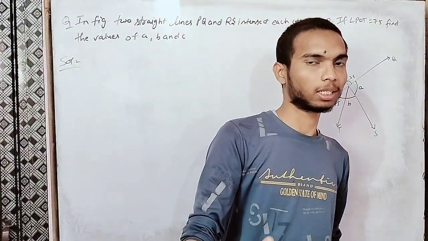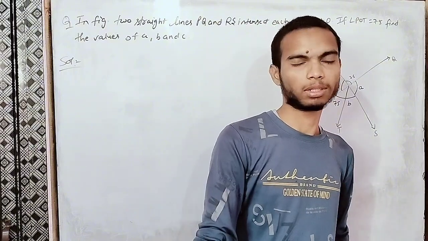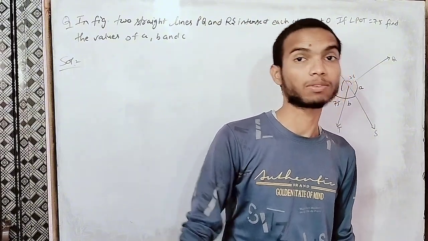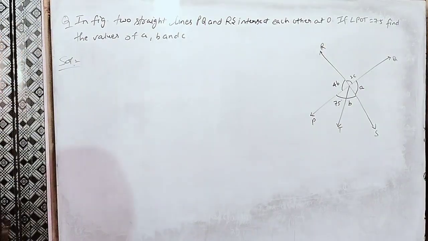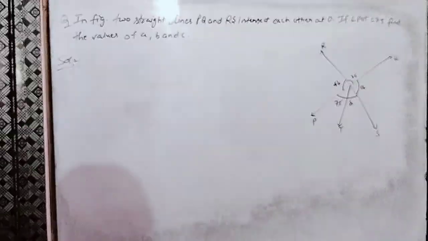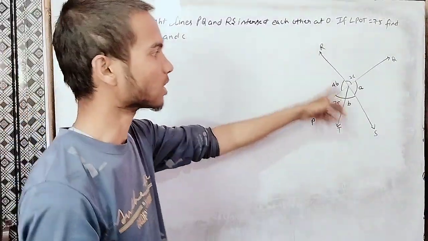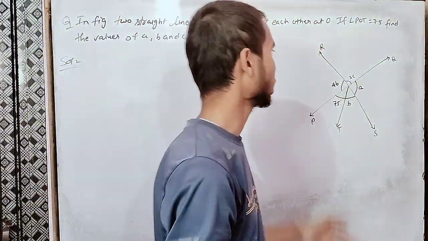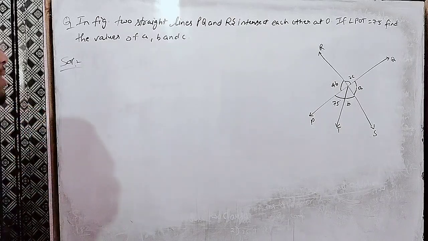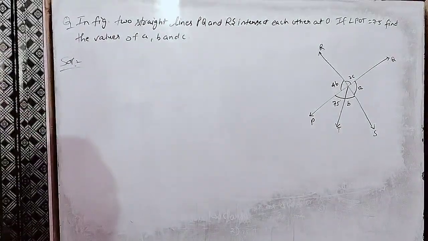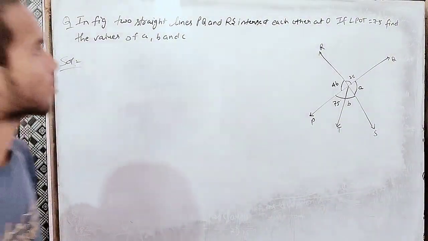As you know, the figure or diagram of a question gives us clarity to understand it. In the figure, there are two straight lines, RS and PQ. Each straight line will have a sum of angles.